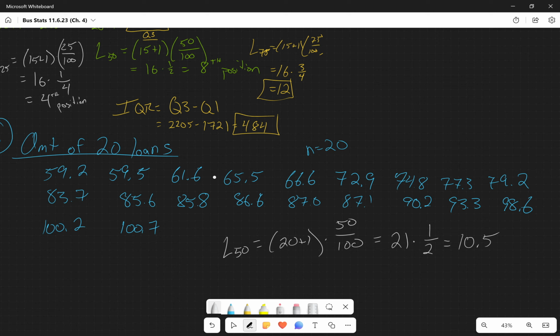So we go 1, 2, 3, 4, 5, 6, 7, 8, 9, 10, and 11. And we average these two together. 83.7 plus 85.6 gives us 169.3. Divide that by 2. You end up with a 84.65 median, or L50, 50th percentile.